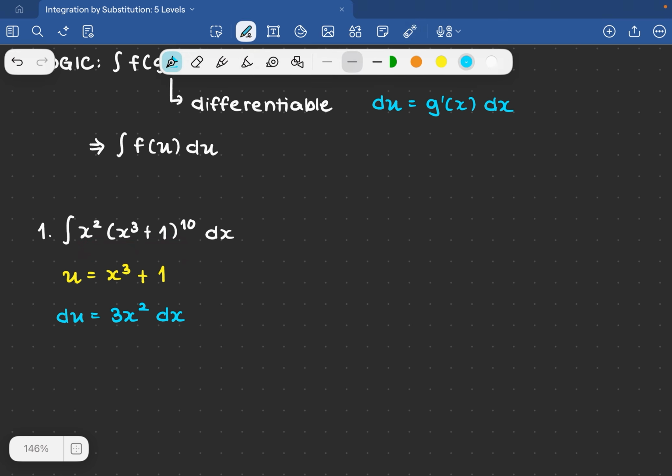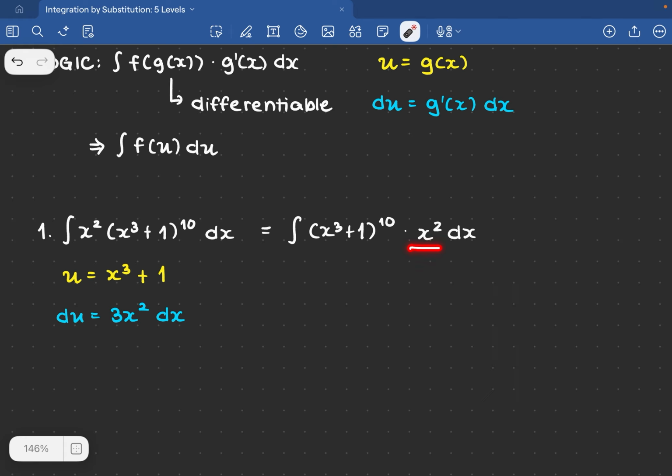To do that, we can rewrite the given as x cubed plus 1 raised to 10 times x squared dx.